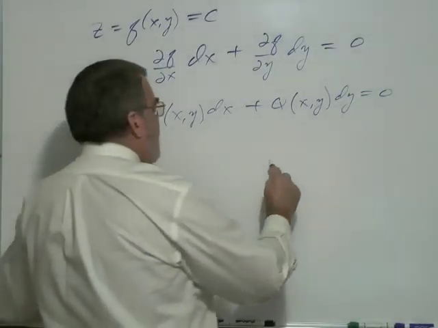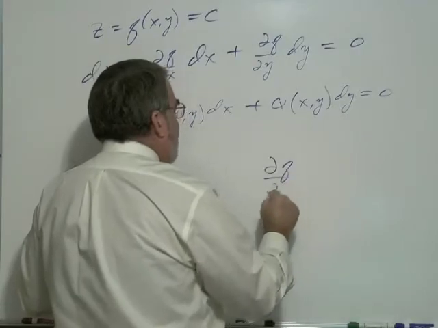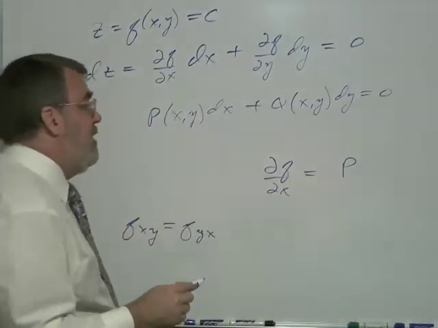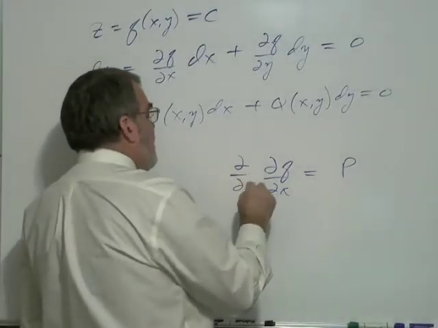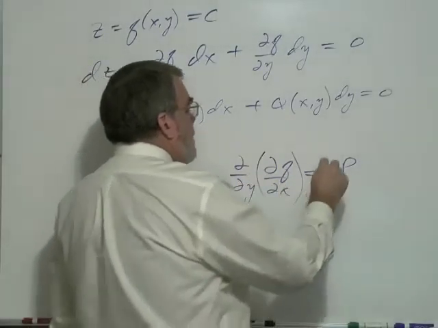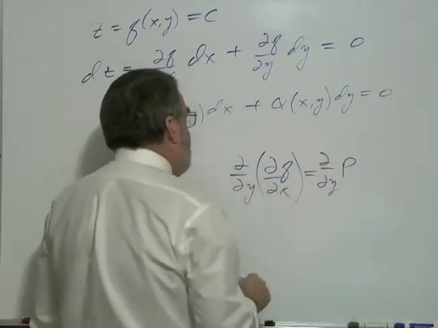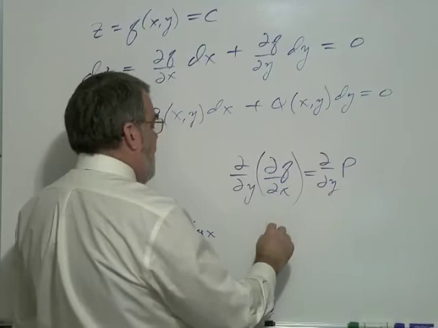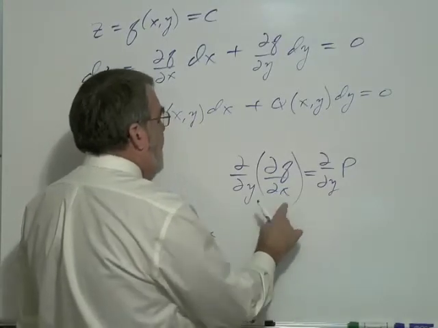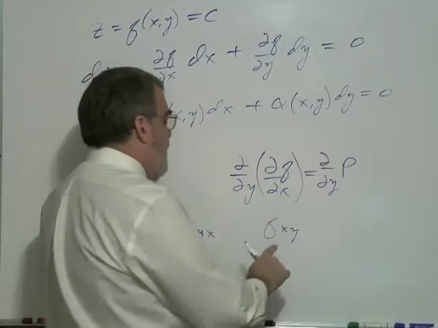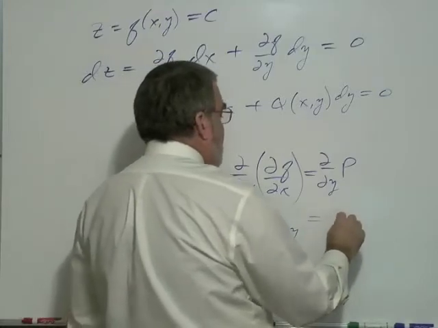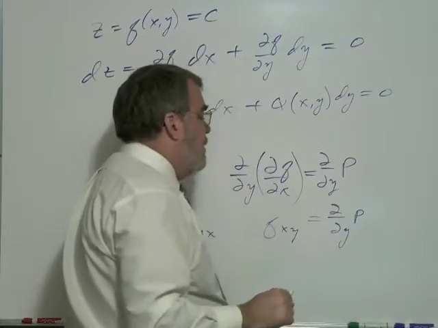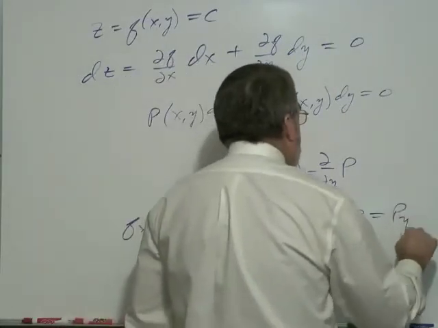So since partial f with respect to x is equal to P, if I take its derivative with respect to y, then I've got a mixed partial derivative here. I've got literally fxy. X was done first, y was done second. Fxy is equal to the partial with respect to y of P, or P subscript y.